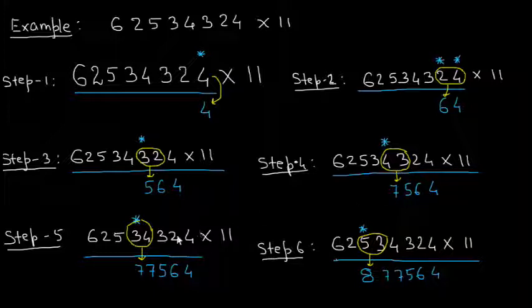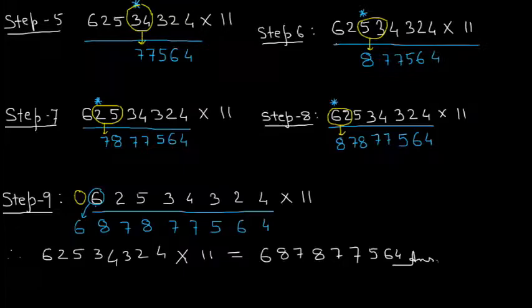Next step, 3, its right neighbor is 4. 3 plus 4 is 7. We'll put 7 here. Again, next number is 5, its right neighbor is 3. 5 plus 3, 8. Next number is 2.